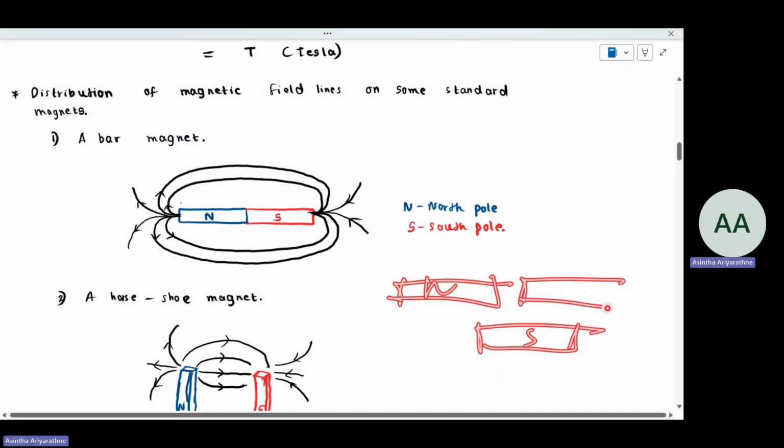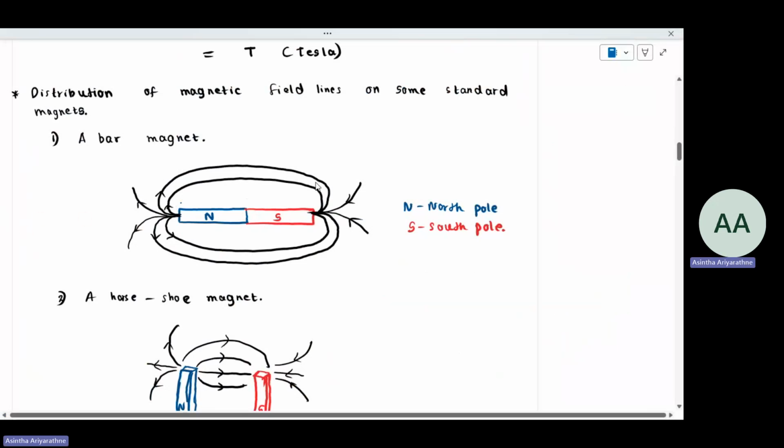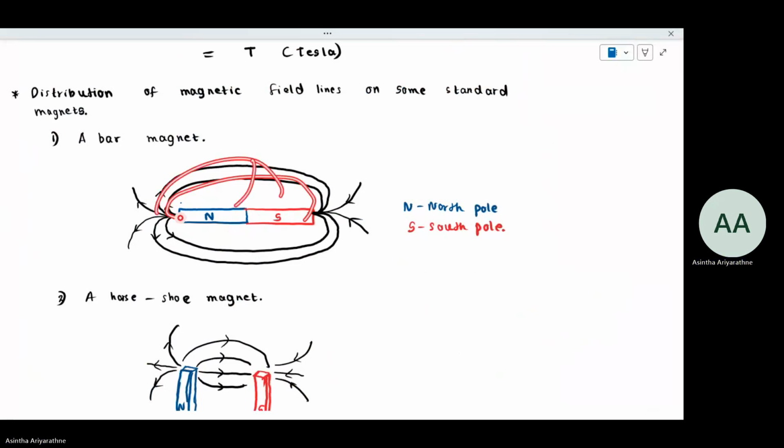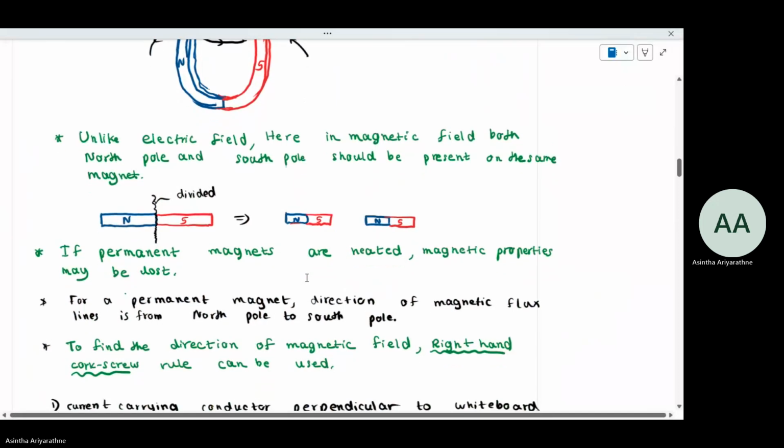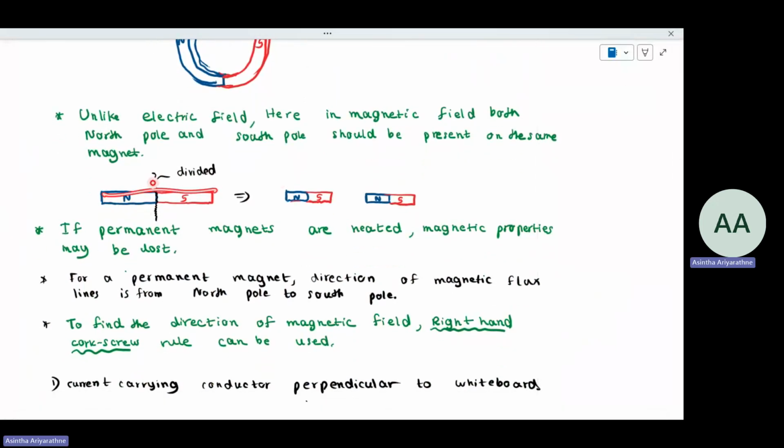They are always bound together, not North Pole separately and South Pole separately. The magnetic field starts from the North Pole and goes towards the South Pole. In the horseshoe magnet, it is like this. When a magnet is divided into two or a couple of segments, you don't get a separate North Pole and South Pole. You get two magnets, each having both a North Pole and a South Pole.